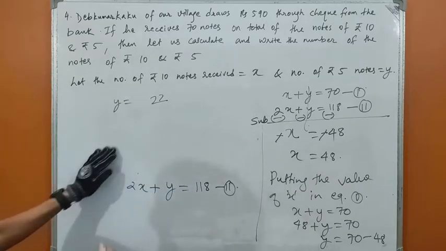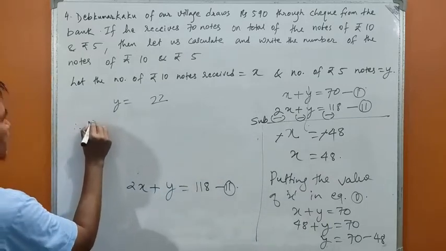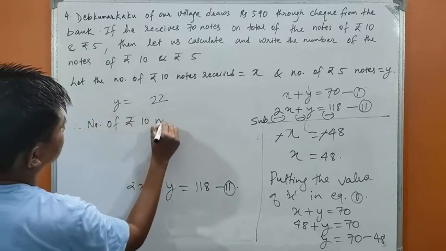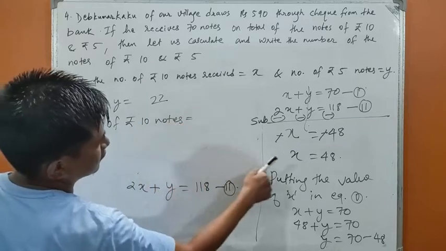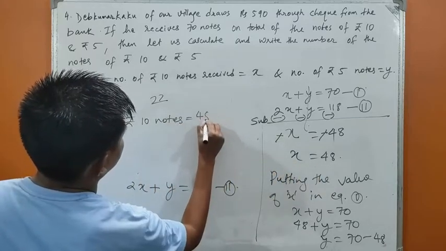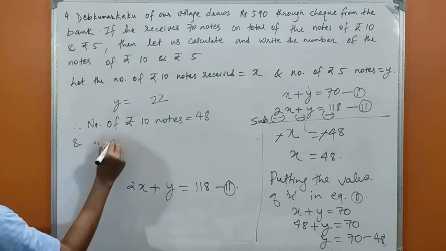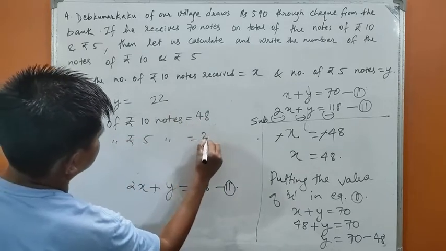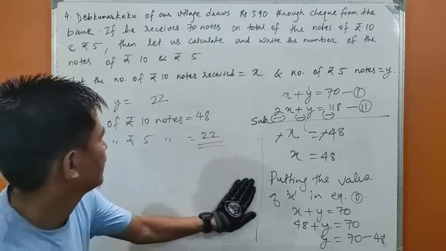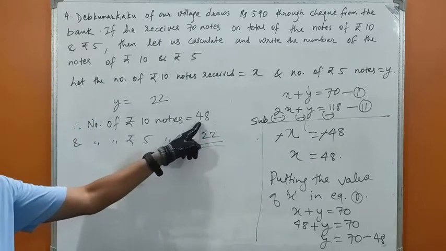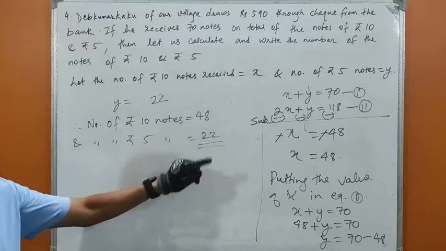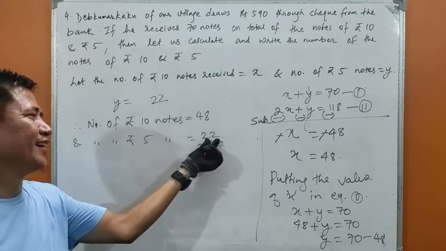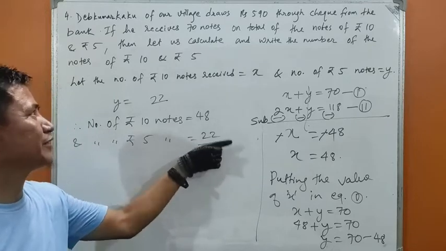Therefore the number of rupees 10 notes equals 48, and the number of rupees 5 notes equals 22. Dev Kumar Babu received 48 ten-rupee notes and 22 five-rupee notes. Okay, I hope you got this. If you multiply this with 10 and multiply this with 5 and add up, you will get rupees 590.